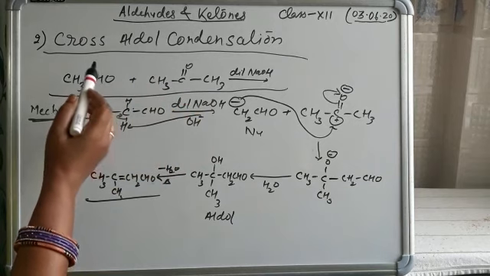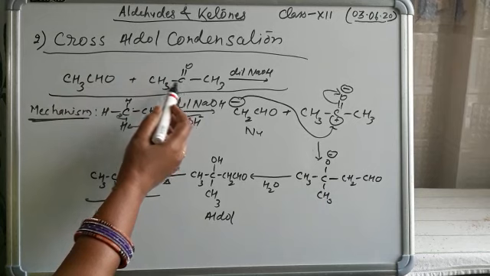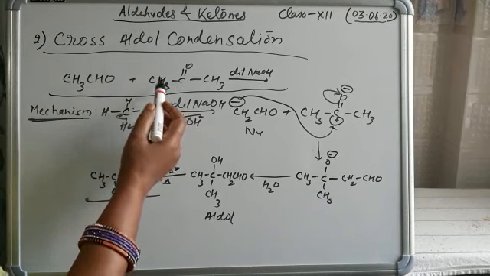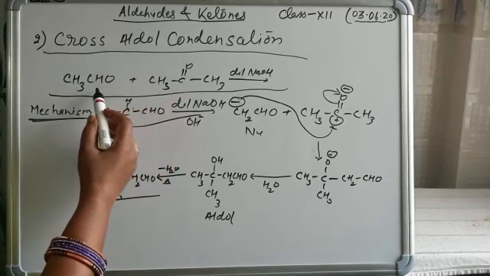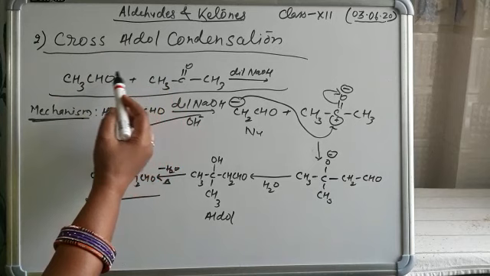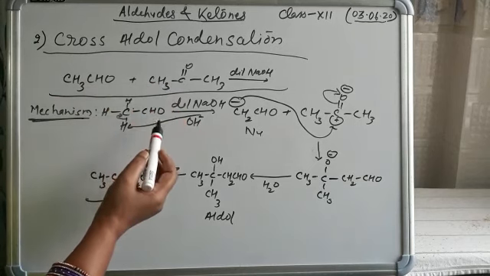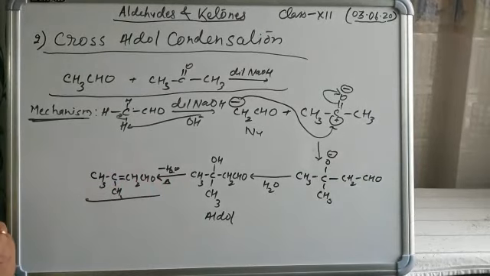And just in reverse, when this becomes the nucleophile and this becomes the electrophile, another compound forms. So in cross aldol condensation, if we take two different carbonyl compounds and both have alpha hydrogen, there will be a mixture of products, not only one product.